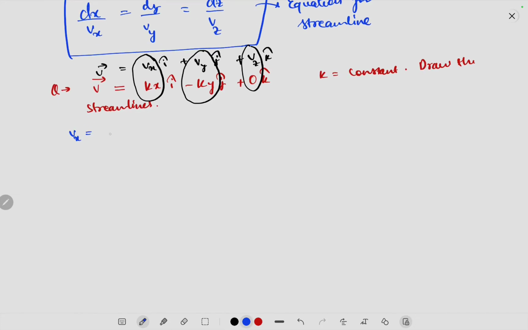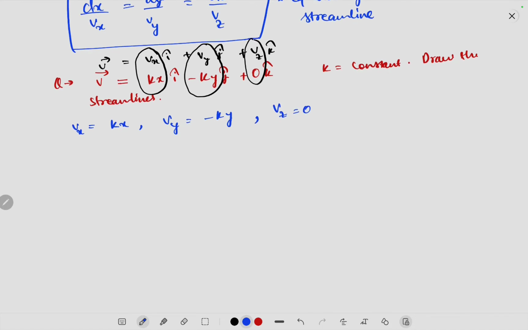So vx is equal to kx, vy is minus ky, and vz equals 0. So the equation for the streamline is dx upon vx, where vx is kx, equal to dy upon vy, which is minus dy upon ky, equal to dz upon vz.